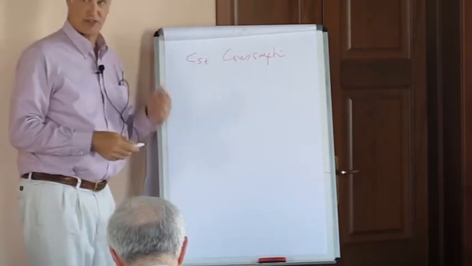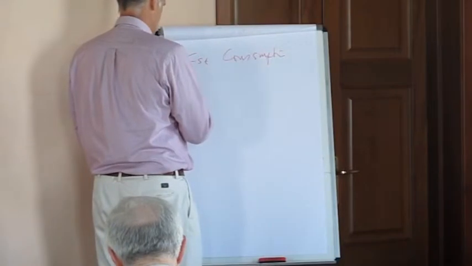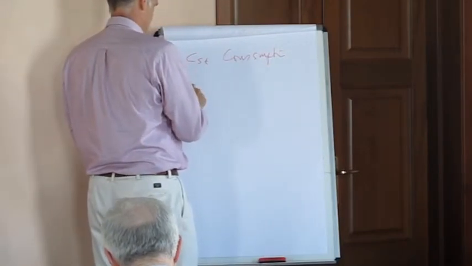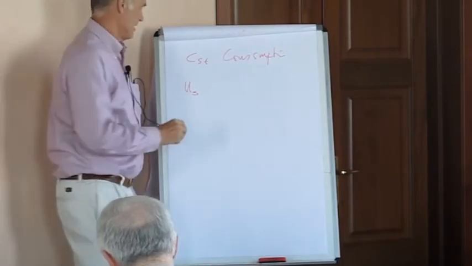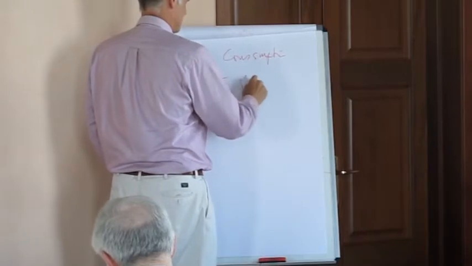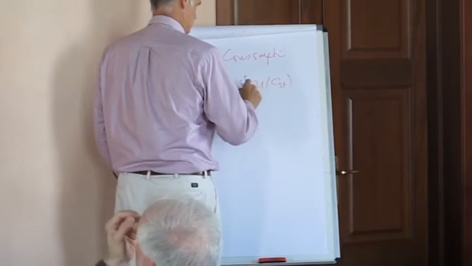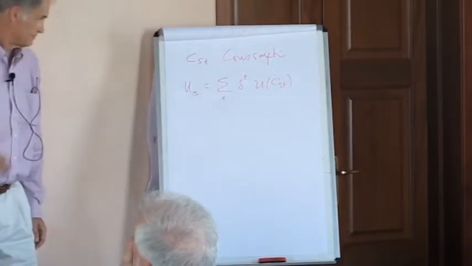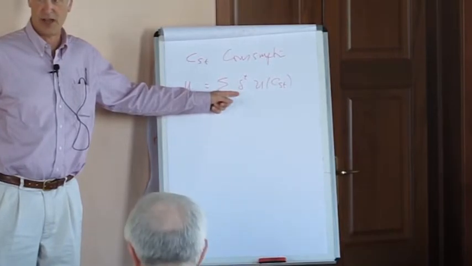You could say the utility in state S, if state S appears, is going to be the sum over T of delta to the T times U of C sub ST. So delta is the discount factor for time.